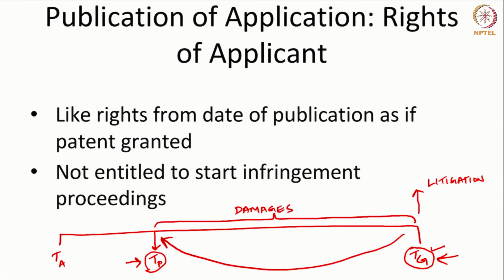But the applicant can only file a case at this point, at TG. The applicant can only file a case at TG because the applicant will not be allowed to file a case before a grant. The reason is quite simple. If you have to file a case before the court of law, say the High Court or the District Court, the law allows you to file a patent infringement case before the High Court or the District Court.